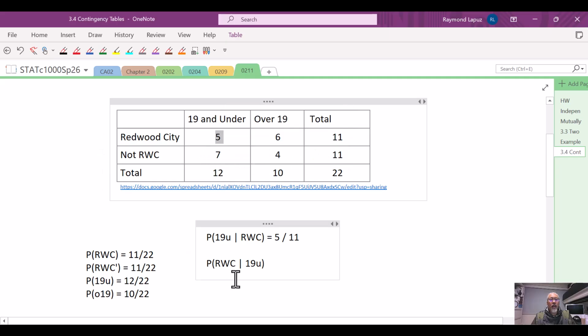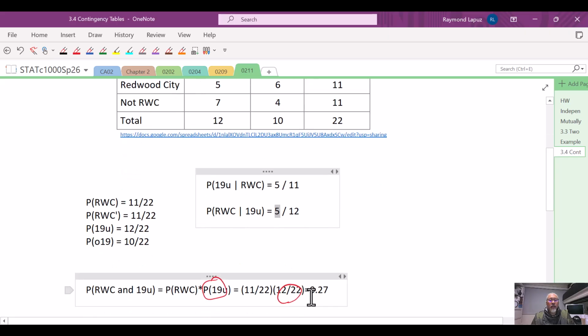That would be 5 over 12. The 12 comes from the total number of people who are 19 and under, and the 5 would be the 5 people who are 19 and under and live in Redwood City. Okay, so those are our probabilities.